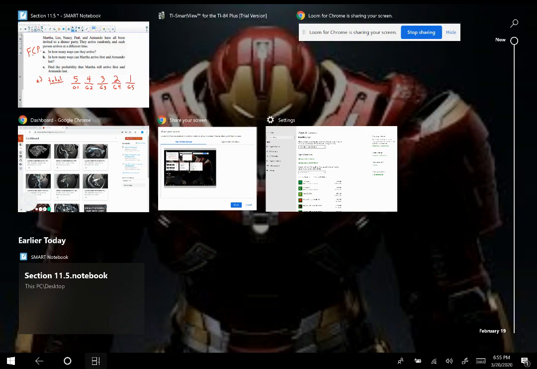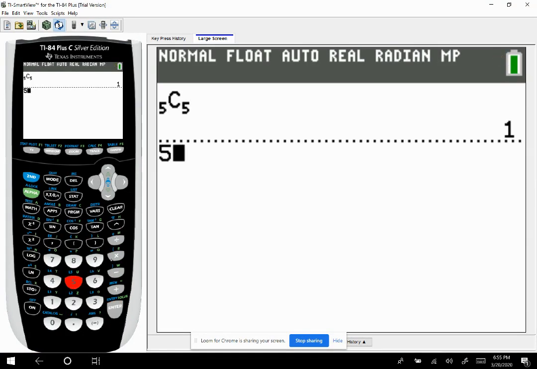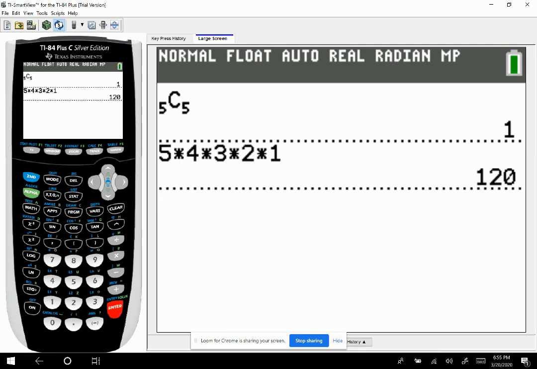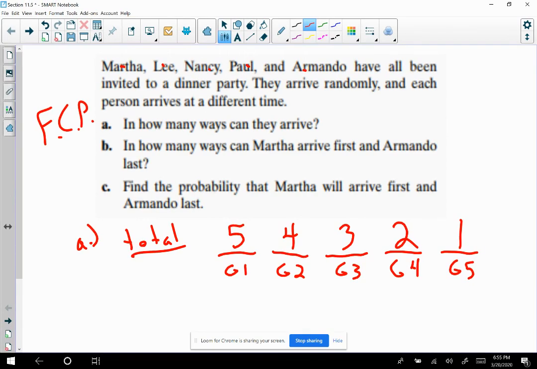So here's our calculator. 5 times 4 times 3 times 2 times 1. Hit enter. 120 ways. So that right there, we have a total of 120 ways our guests can arrive.